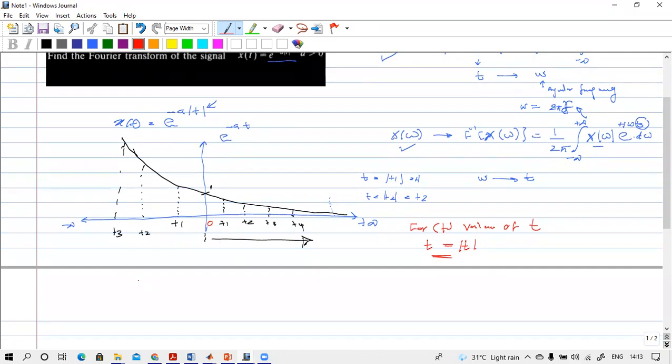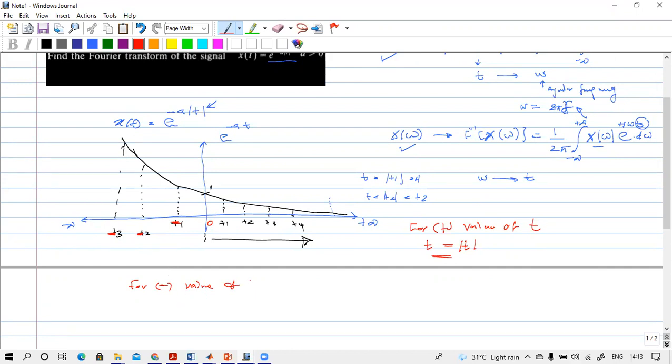For minus value of t, what happened? Here these are minus: -1, -2, -3.